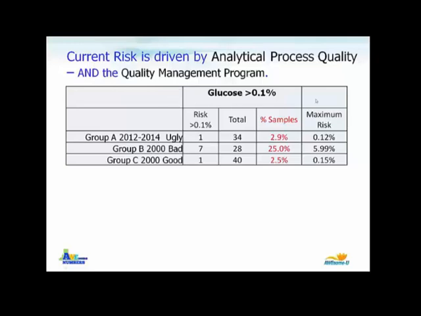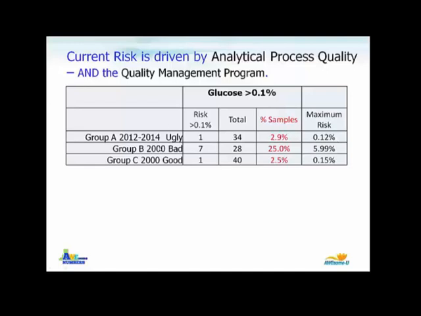Glucose. How many methods could achieve a 0.1% risk level? In the group from 2012 to 2014, only 1 of 34 QC samples had a risk above 0.1%, and it was 0.12.